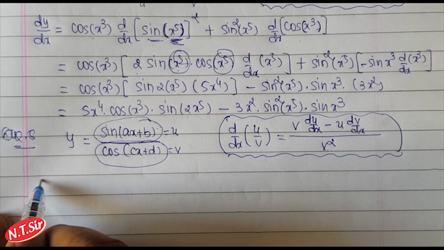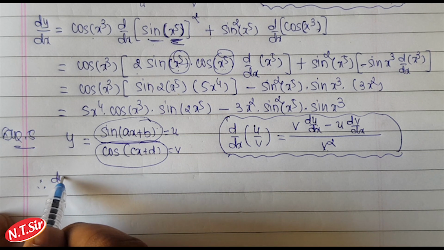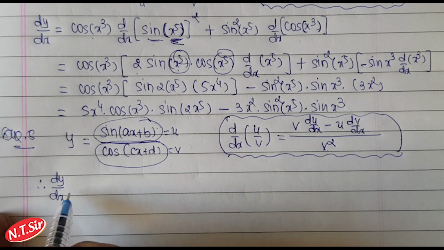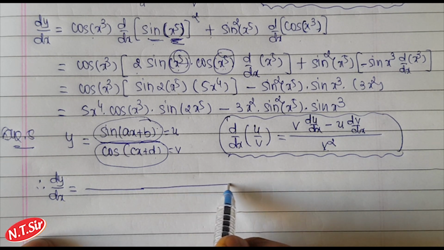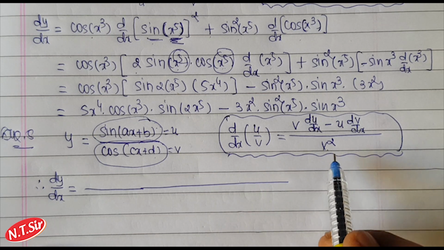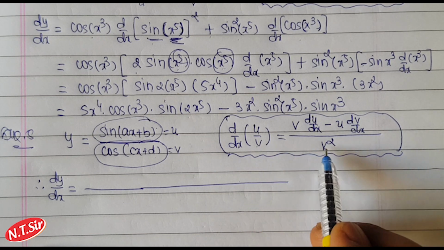So differentiating with respect to x, dy by dx is equal to denominator square, that is v square.